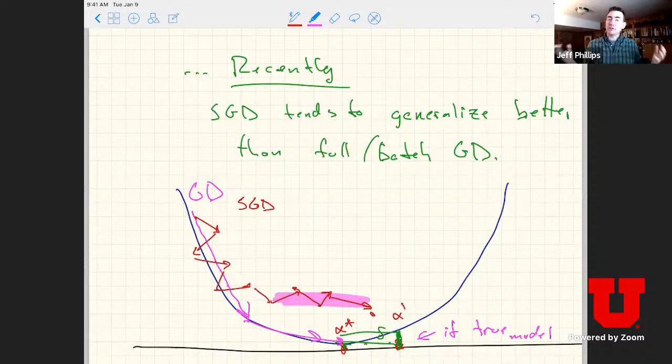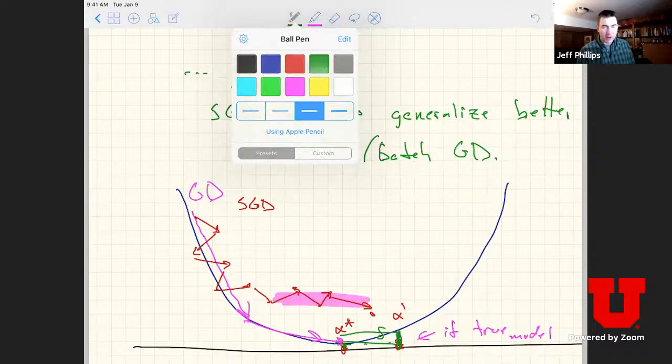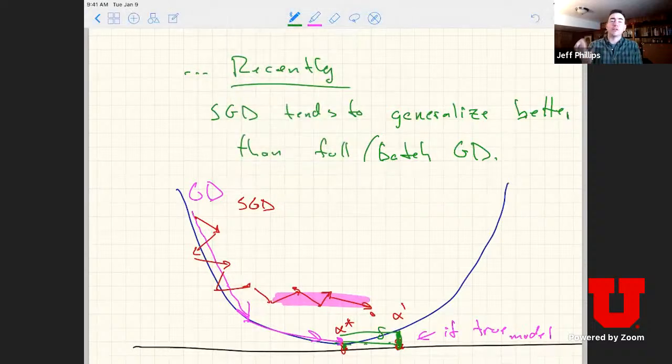It tends to generalize better, it turns out, than the true minimum in a number of cases. Usually you need to either regularize, which means you put in some bias term, or you start the model value maybe at all zeros.